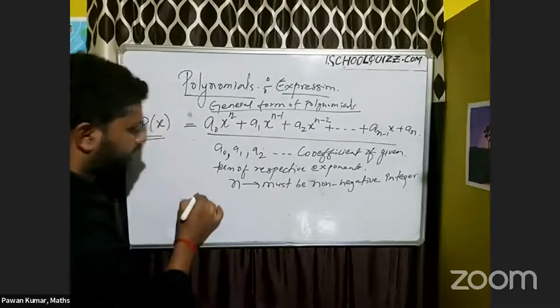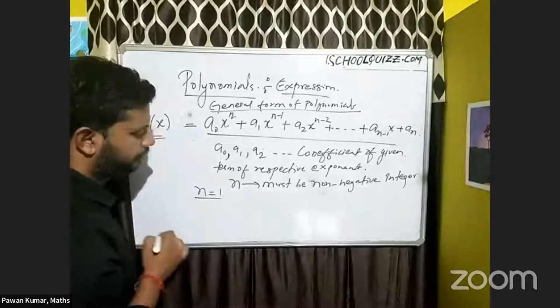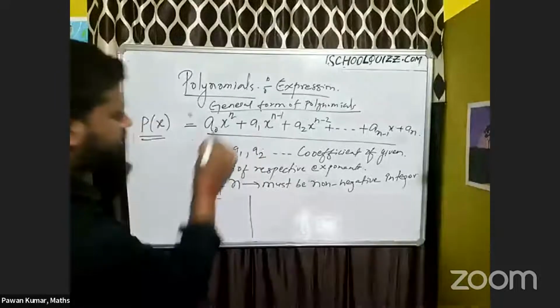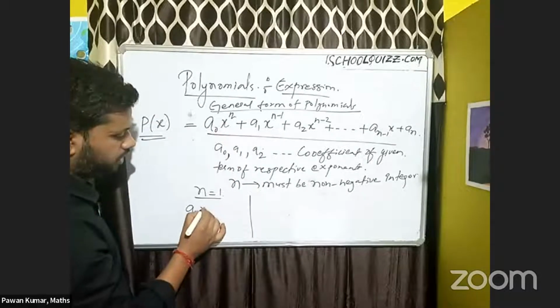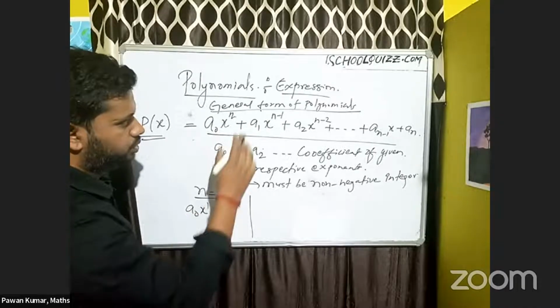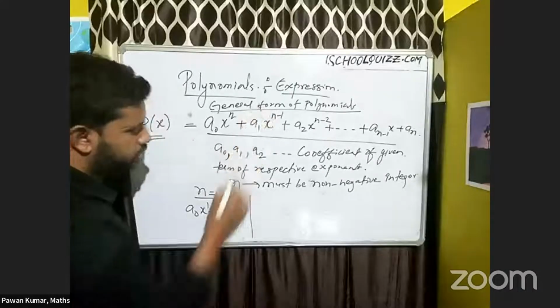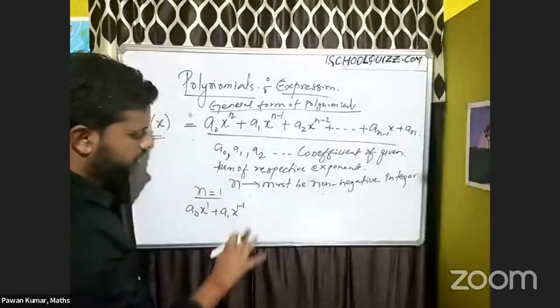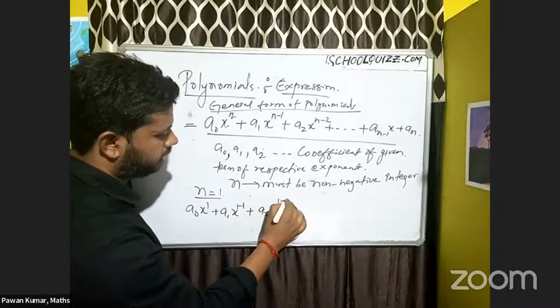Suppose n is 1. So n being 1 means I can write a naught x to the power 1. The second one is a1 x to the power 1 minus 1, and the third will be a2 x to the power 1 minus 2.